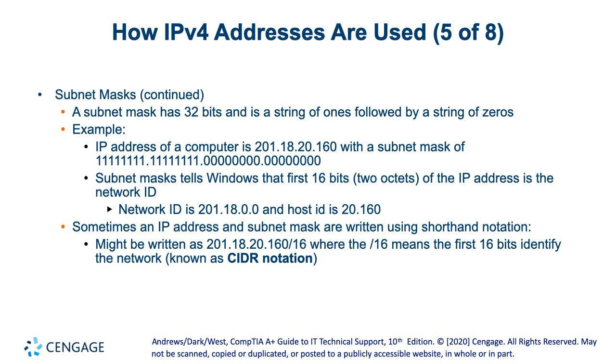Class A addresses start from, or are less than, 127. So up to 126 is a Class A, and that's a /8. 128 to 191 is a Class B, which is a /16.